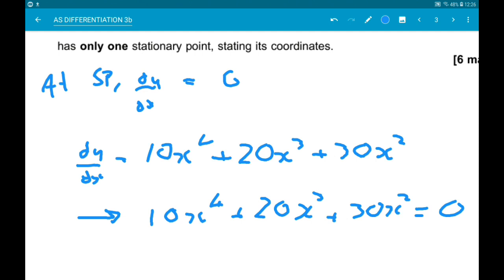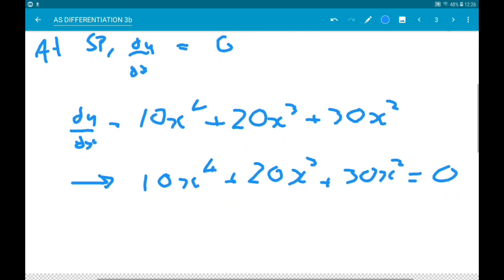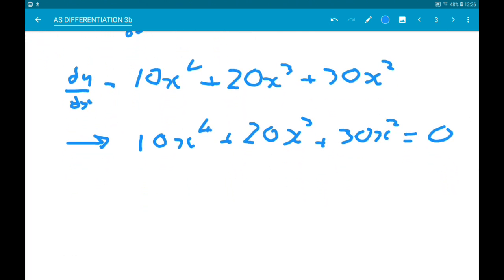Alright, so first of all we have a common factor of 10 running through, so let's get rid of that. So we're going to end up with x to the 4 add 2x cubed add 3x squared is equal to 0.